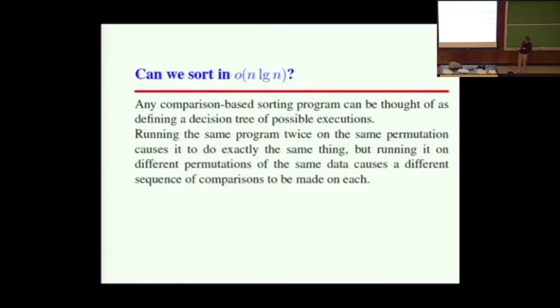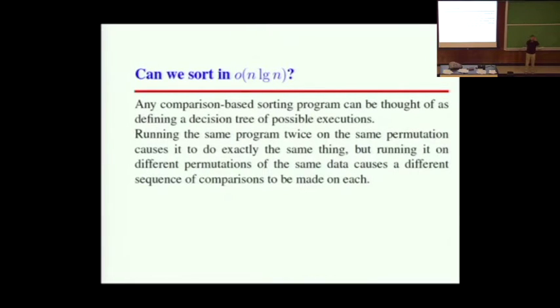I'm going to give you a proof idea that there isn't a faster algorithm for comparison-based sorting than n log n. What do I mean by comparison-based sorting? All the algorithms we've talked about sort by comparing two items to each other, right? What did quicksort say?